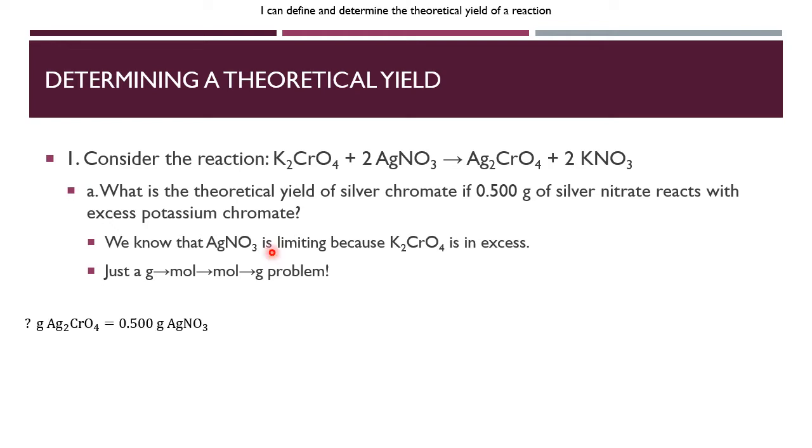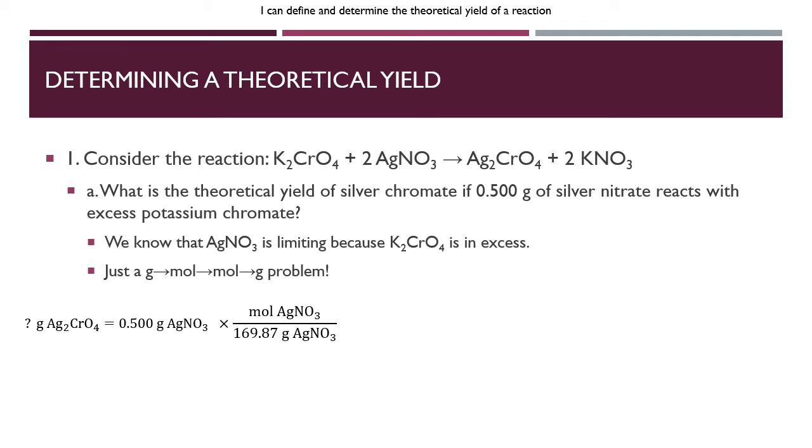I want to know the mass of silver chromate I can get, because the question asked me, what is the theoretical yield of silver chromate? I want to know what mass of silver chromate I can get from my 0.5 grams of silver nitrate. And I know that the silver nitrate is limiting because we're told we have excess potassium chromate.